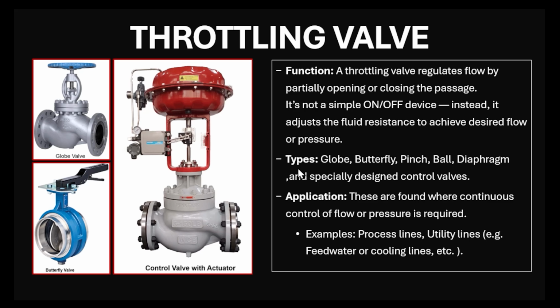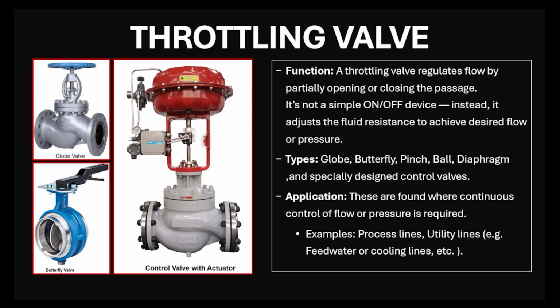Now, the types of throttling valve include globe valve, butterfly valve, pinch valve, ball valve, diaphragm valve, and also needle valve should be part of this list, and specially designed control valves. This is an example of a pneumatic control valve, whose actuator is controlled with the help of pneumatic air.